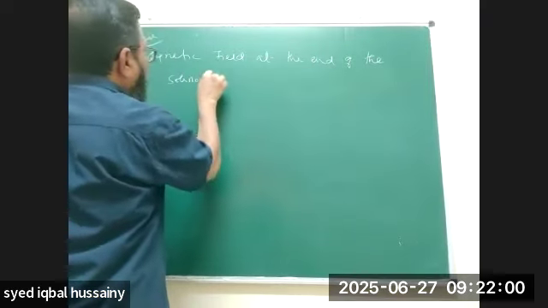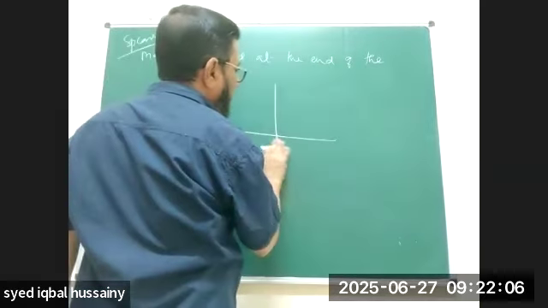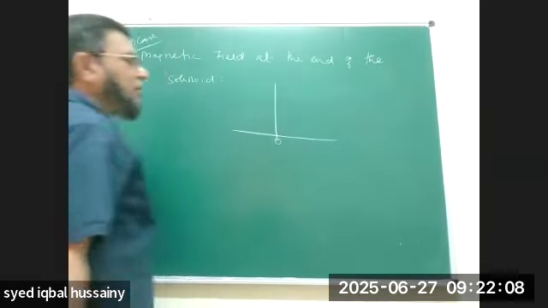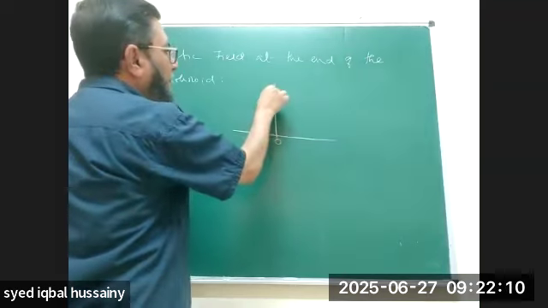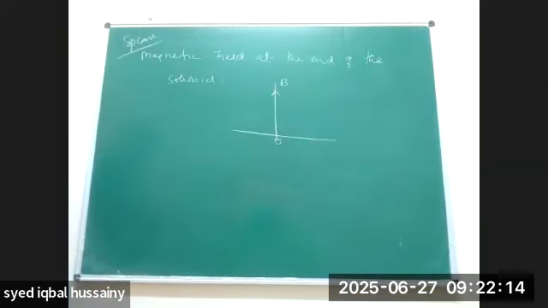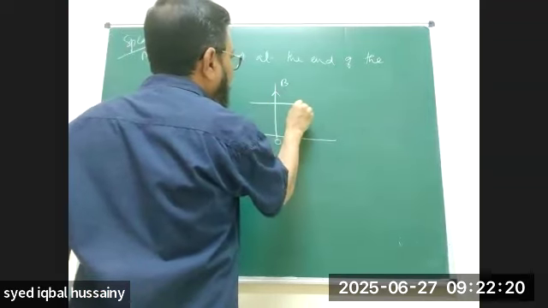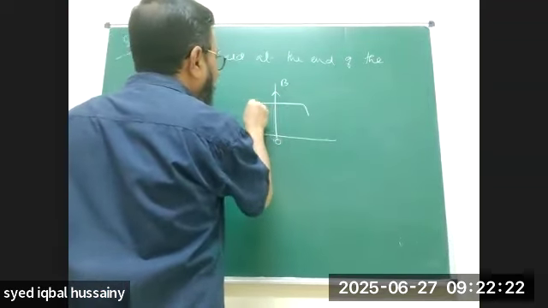Now the graph: center point you take as one, the point O. So the magnetic field at the center will be constant. After this it becomes half.